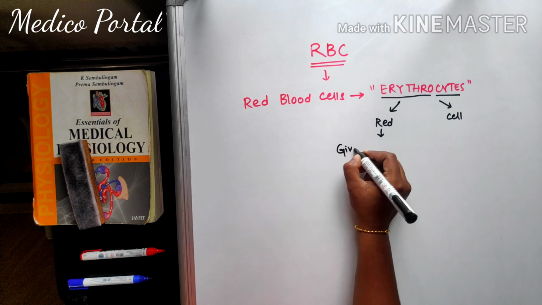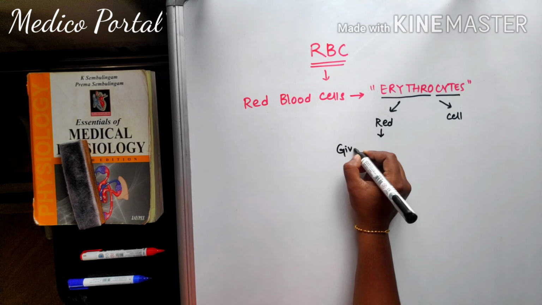Here the oxygen is equally and quickly distributed among the cells, and the cell can get easily squeezed and easily pass through any kind of vessels or thin membranes. As it is a biconcave shape, it gets squeezed and easily goes through the membrane.